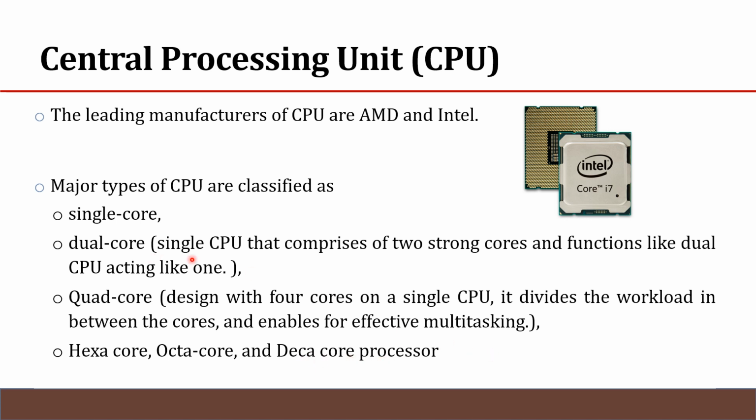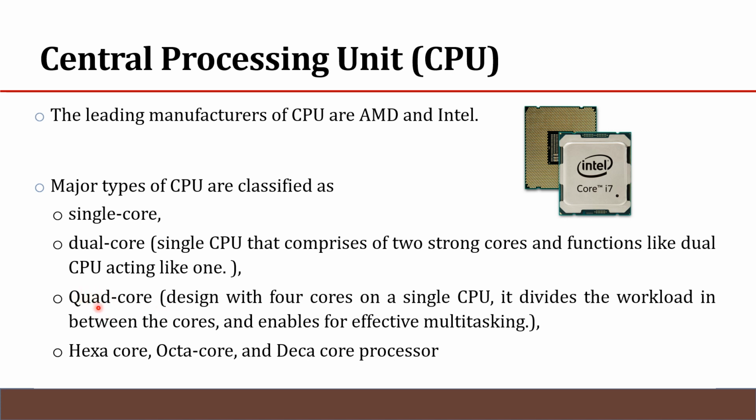Dual core means a single CPU that comprises two strong cores and functions like two CPUs acting like one. In the case of quad core, it is designed with four cores on a single CPU.